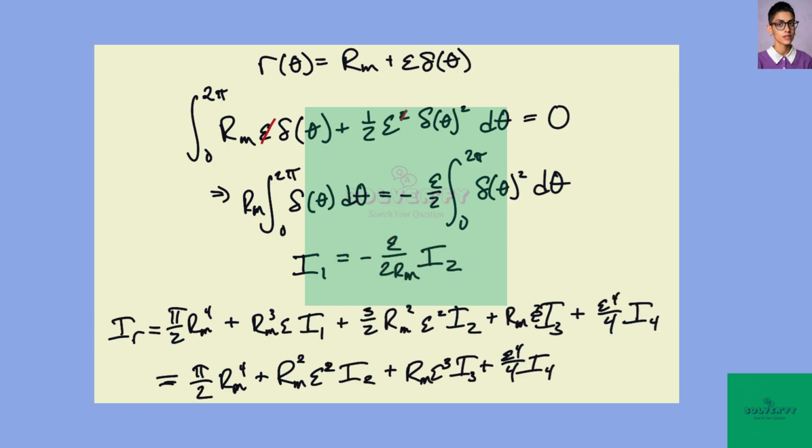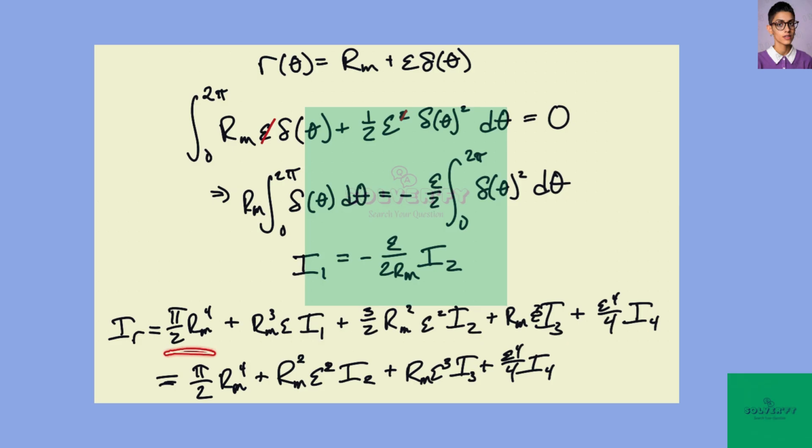Now, if we plug this into our formula for the polar area moment and expand it out in powers of epsilon, we just have this thing to the fourth, and we can do the math to expand that.